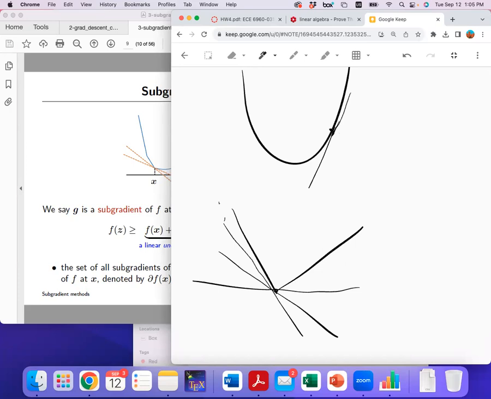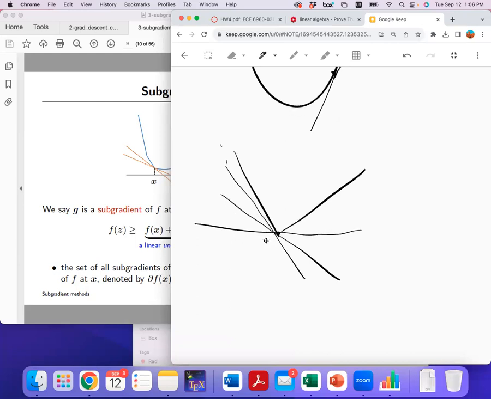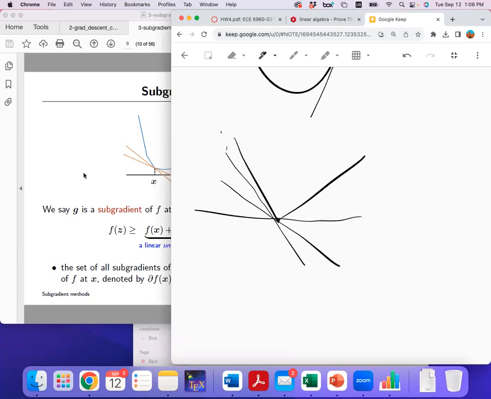Like here, we have a gradient because we have exactly one supporting hyperplane. Here we have multiple. We can have a set of hyperplanes that support the function. So we will collect all their slopes as a set, the subdifferential.